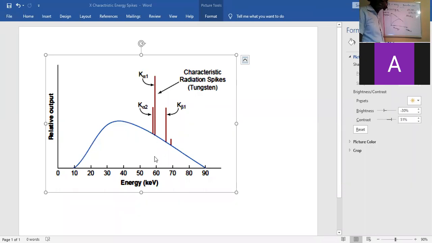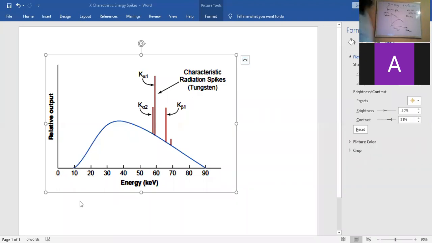You can see the energy close to 60 kiloelectron volts. This one is around 65, and this one is around 69 or so. So they have defined energies, whereas the Bremsstrahlung spectrum is a spectrum of energy from the least energy to the maximum energy. If you add further filtration here, you might want to remove 0 to 20 kiloelectron volts.